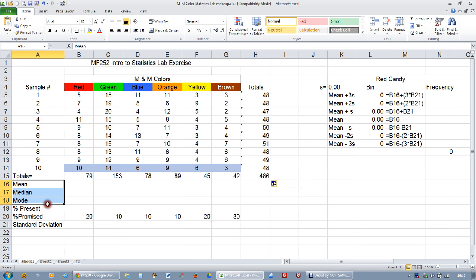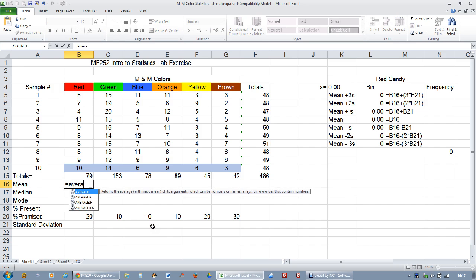Let's talk about mean, median, and mode. The mean is the average. How do we get the average? We do a sum of all the numbers, and then we divide by the number of numbers that we have. Fortunately, Microsoft does have a function in there.